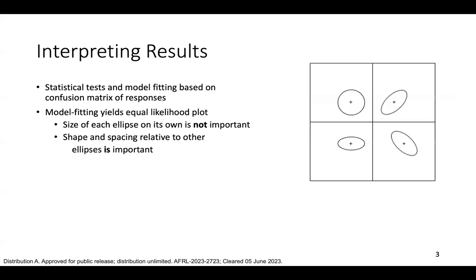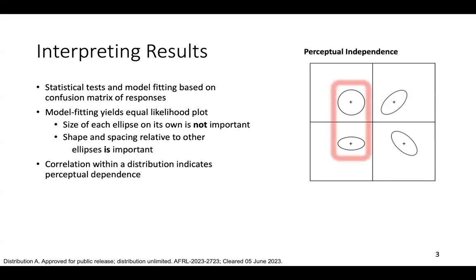Note that the size of each ellipse is not important by itself, but the shape and size relative to the other ellipses is important. Diagonally oriented ellipses indicate correlation and therefore violations of perceptual independence. In our example, perceptual independence holds for these stimuli, but not the others.